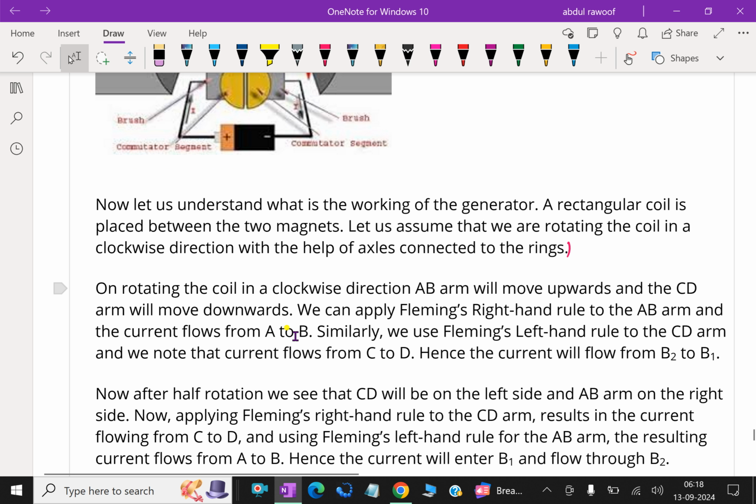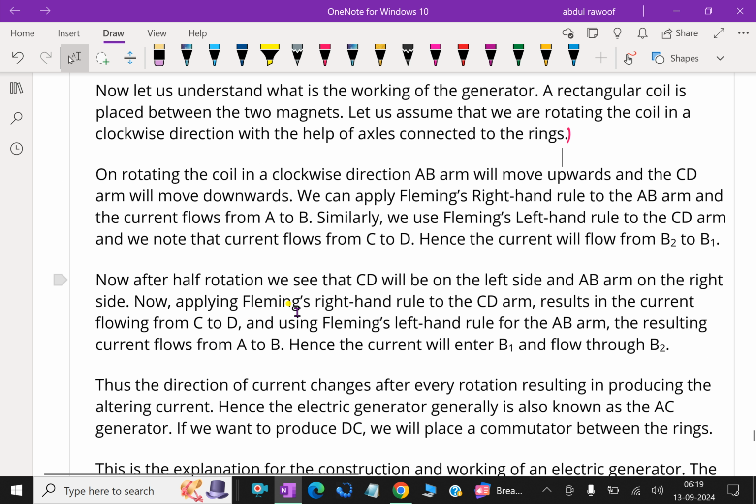On rotating the coil in a clockwise direction, the AB arm will move upward and the CD arm will move downward. After half a rotation, CD will be on the left side and the AB arm on the right side.